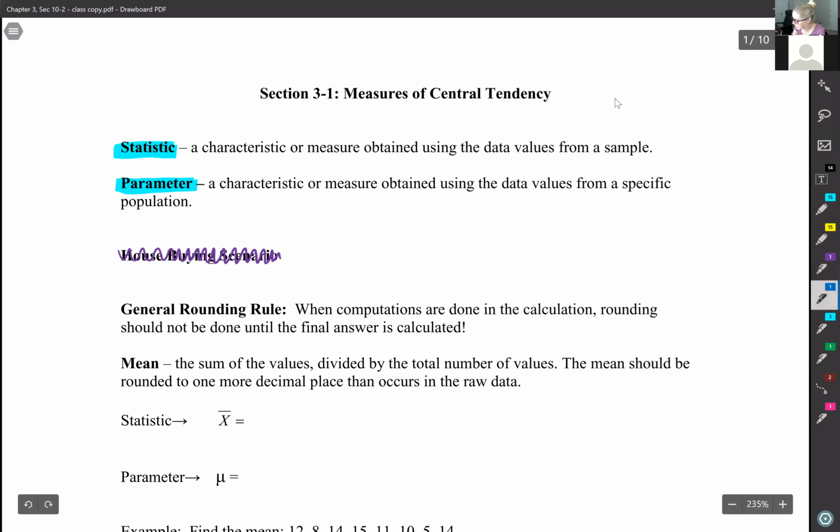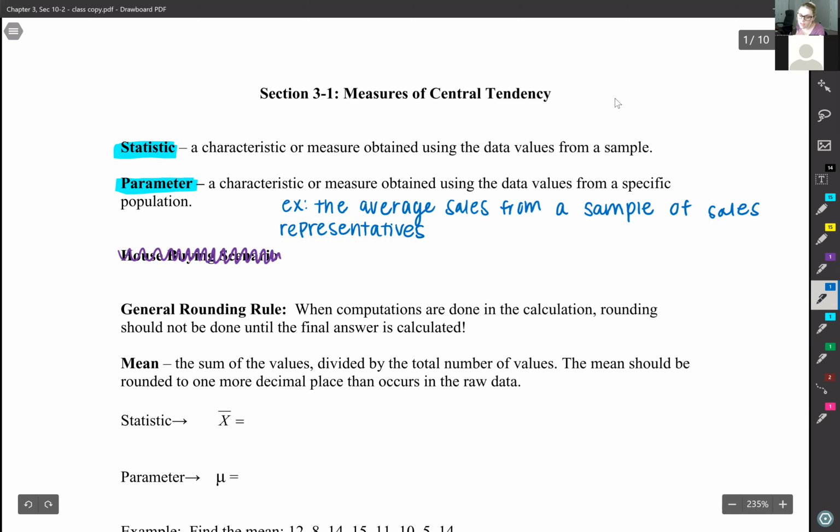An example would be the average sales from a sample of sales representatives. This would be a statistic.